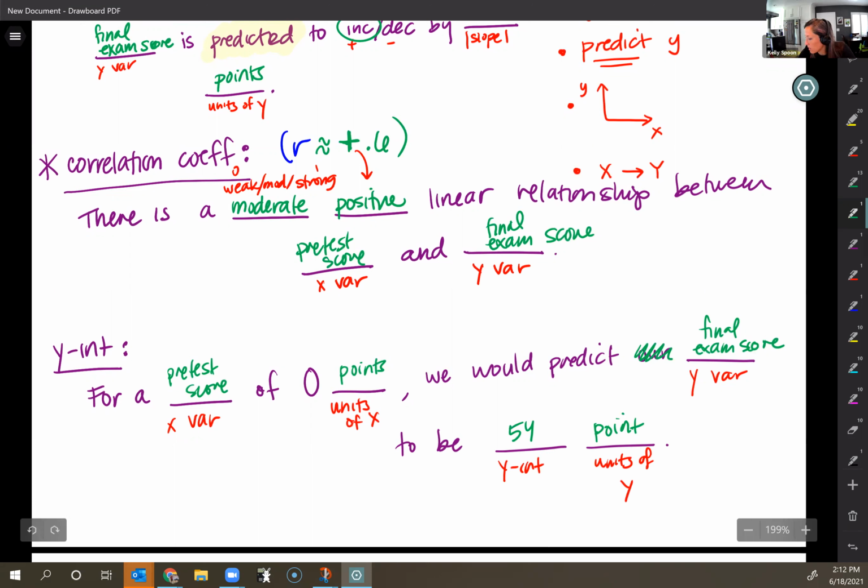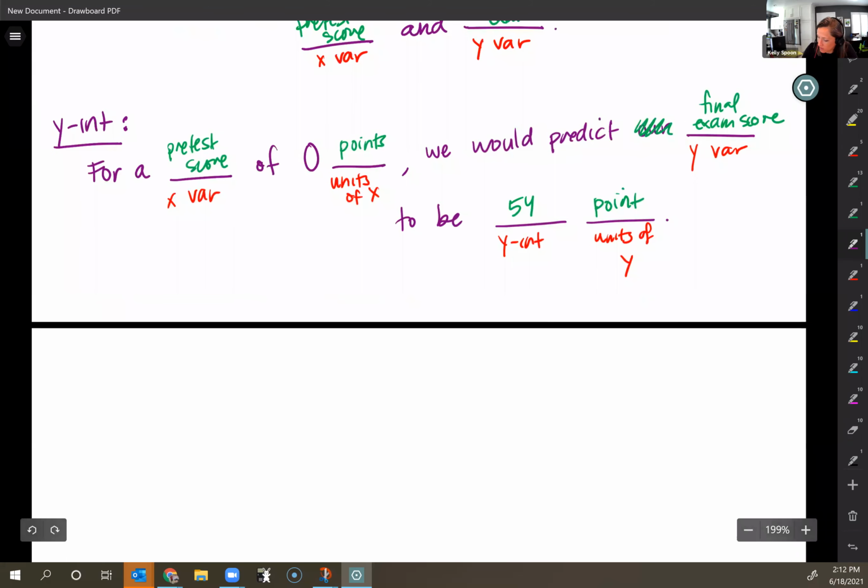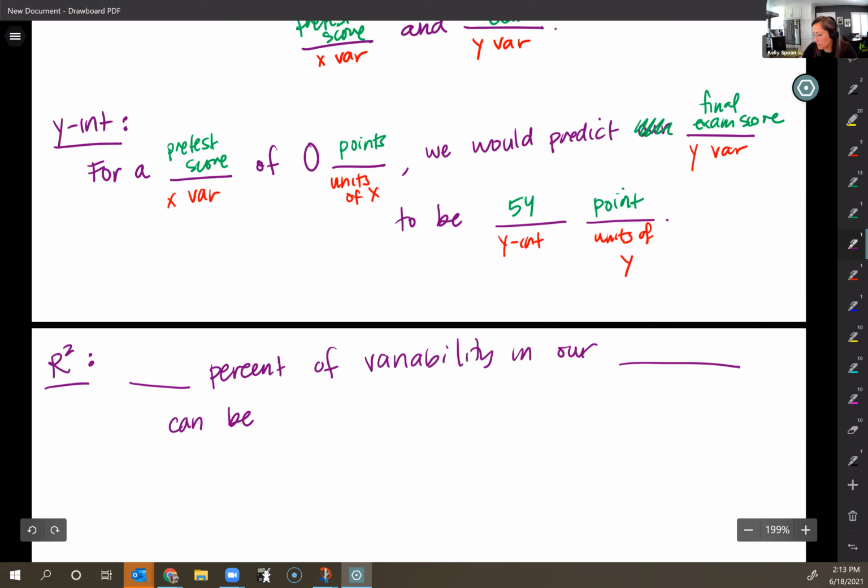And then the last one, I guess I'll shove it in. I did not give myself a lot of space. Our R squared, that coefficient of determination: this R squared percent of the variability in our Y variable can be explained by the least squares regression.